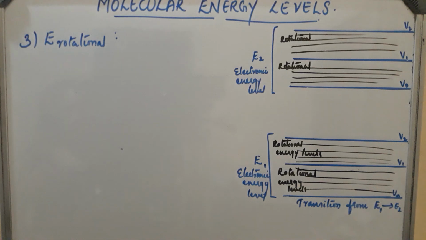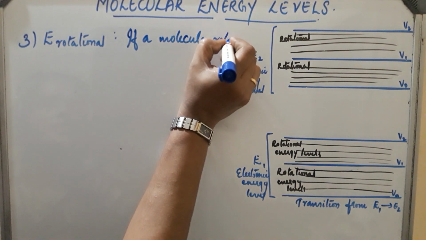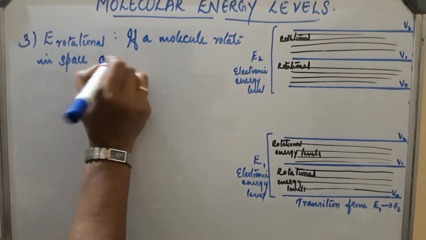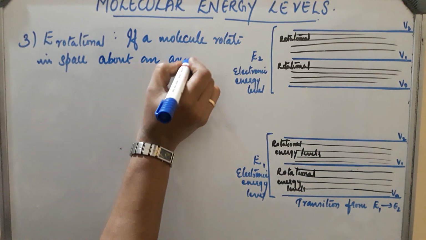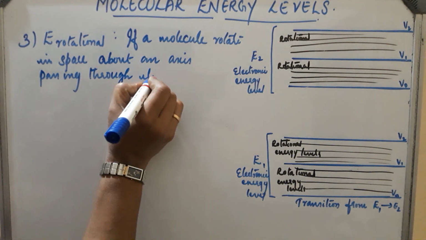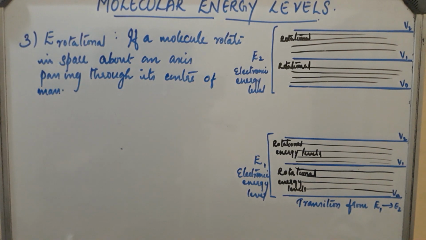In this case, if a molecule rotates in space about an axis passing through its center of mass, it possesses rotational energy, and the energy levels associated with this are called rotational energy levels.